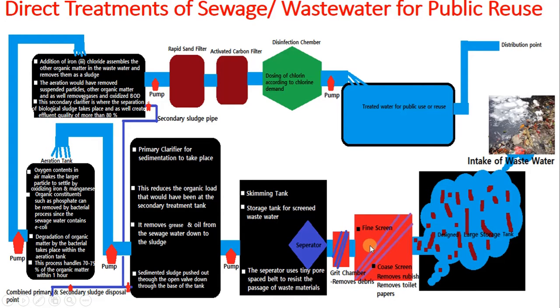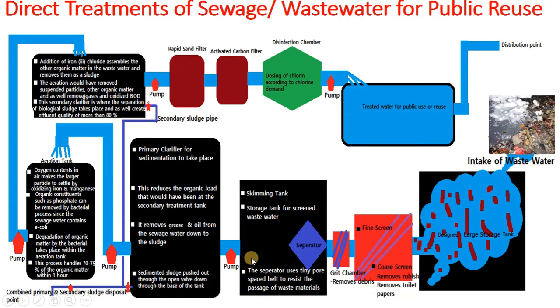After the screening chamber, the wastewater will flow into the grit chamber that removes debris. After this, the wastewater will enter the skimming tank. This skimming tank has an inbuilt separator. This separator uses tiny pore-spaced belts to resist the passage of waste materials.